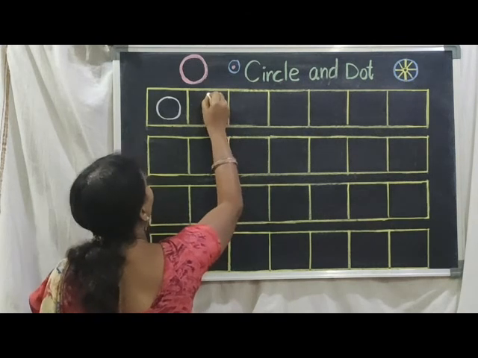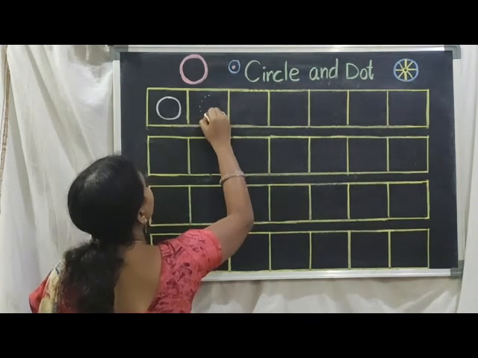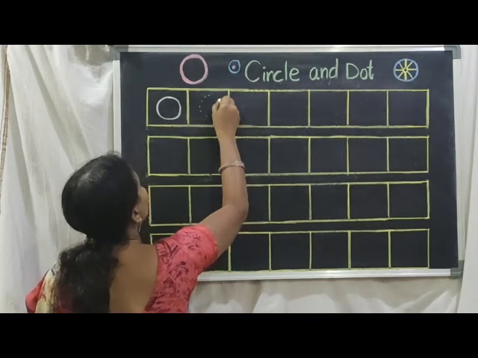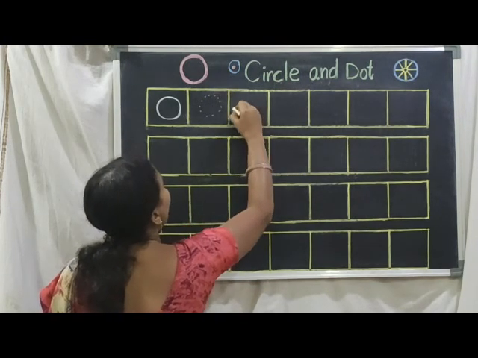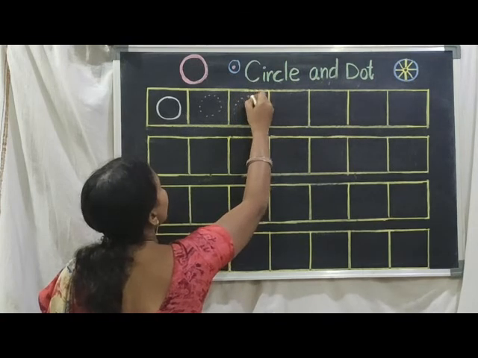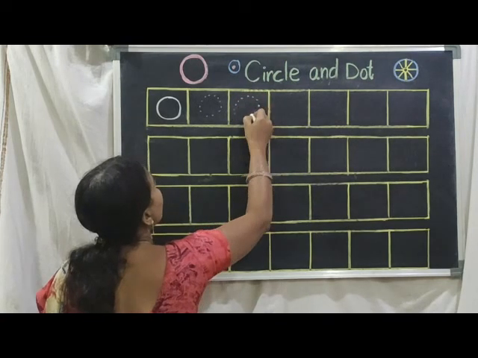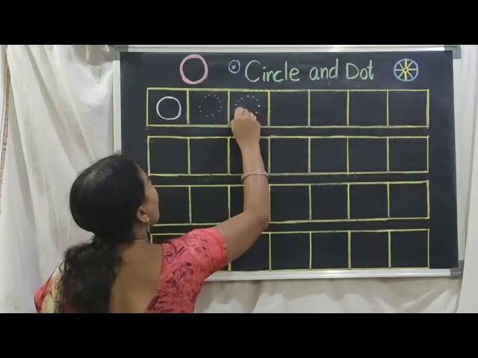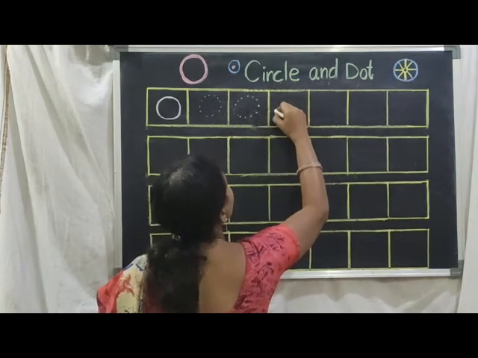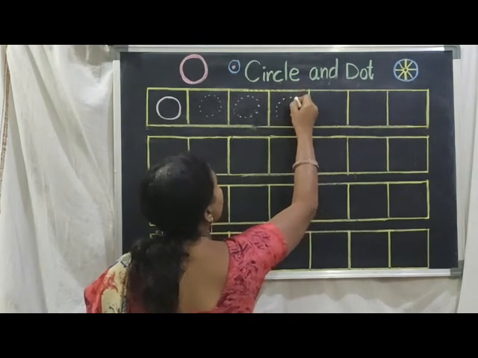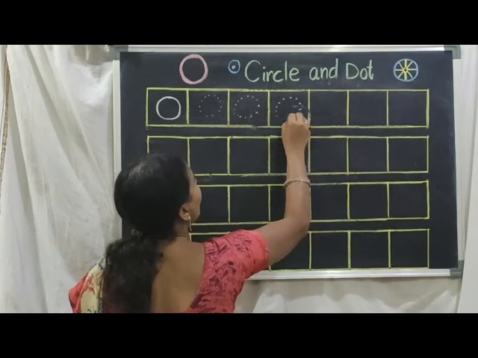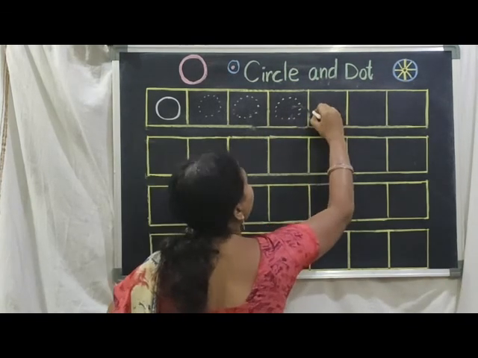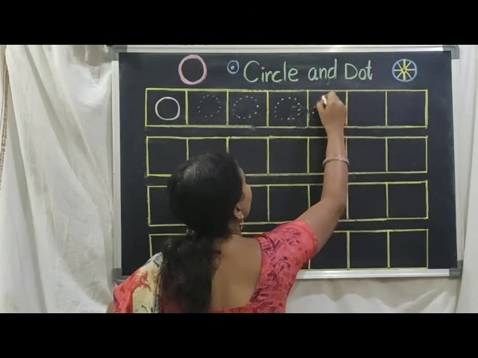Afterwards, all dotted. These are the dots. We are seeing dots like this in your book. See here, children. Dot, dot, dot. Then dot, dot, dot.